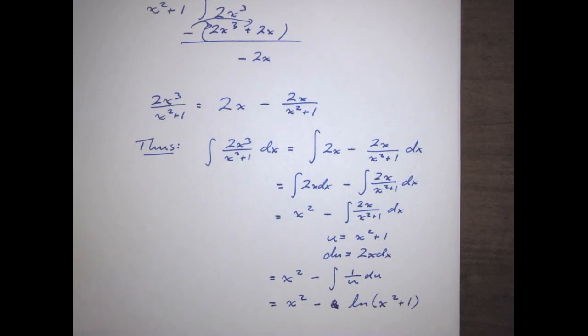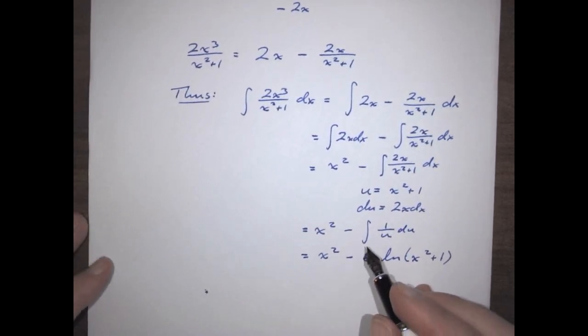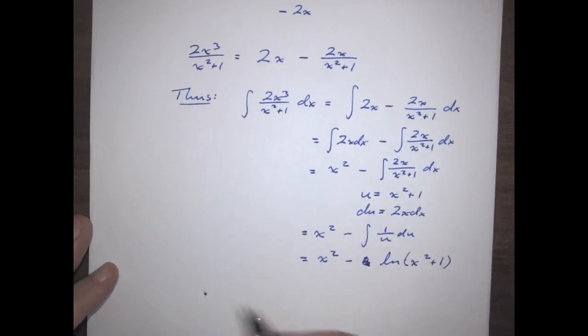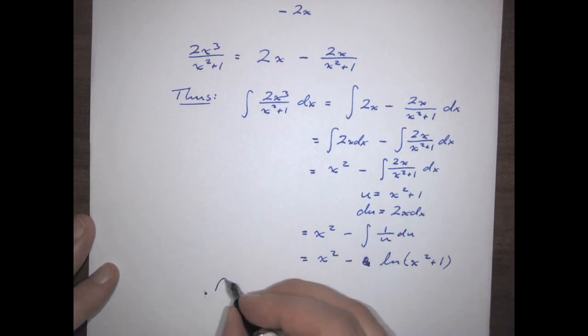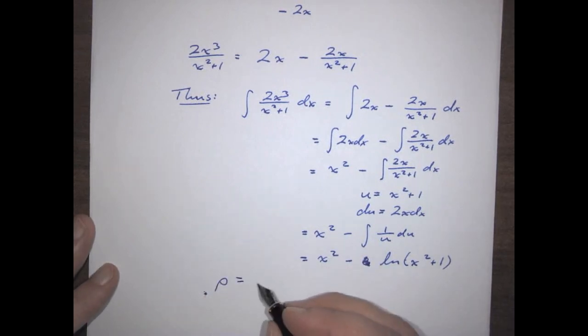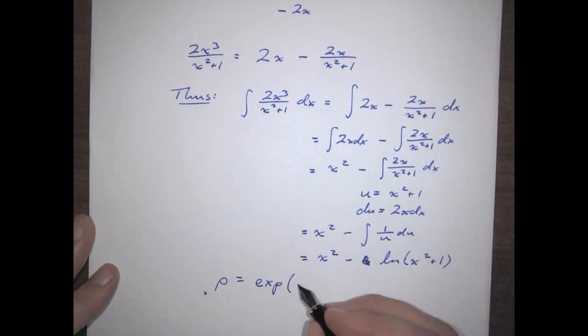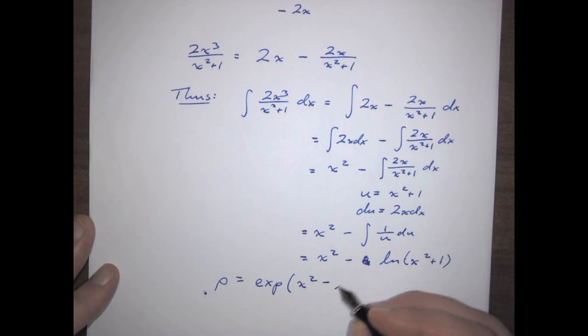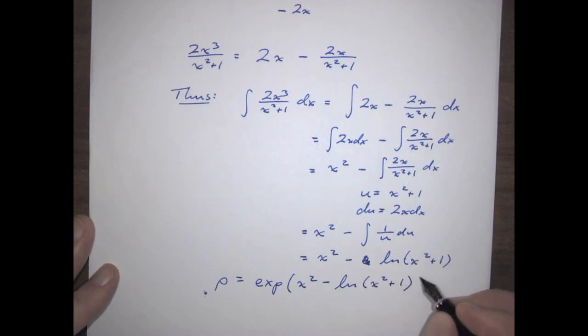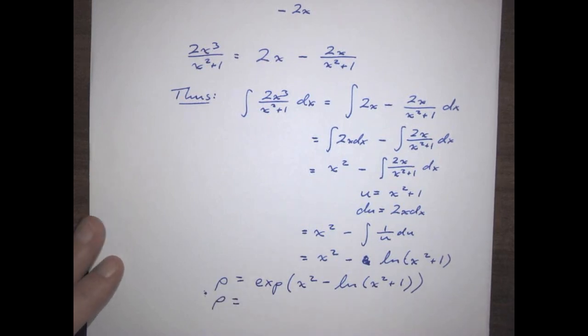Alright, well then what that's going to make for us on the original problem, the problem that we started with here, we now have an integrating factor of exp of x squared minus the natural log of x squared plus 1. But exp, remember, is just a shorthand for the exponential function e to the x.